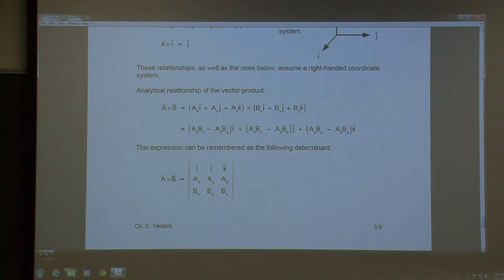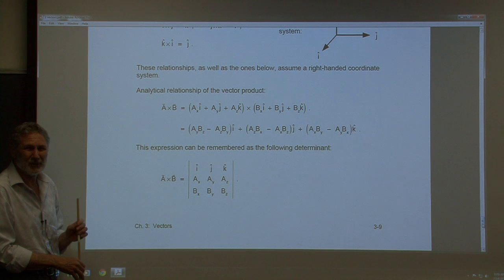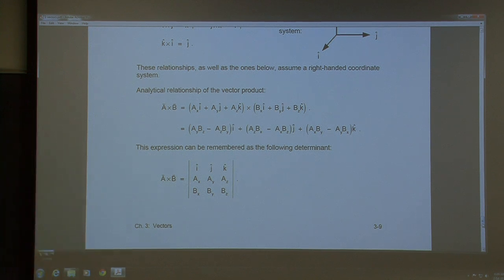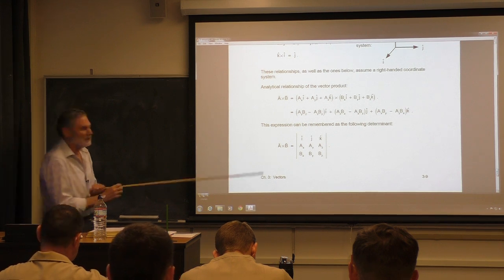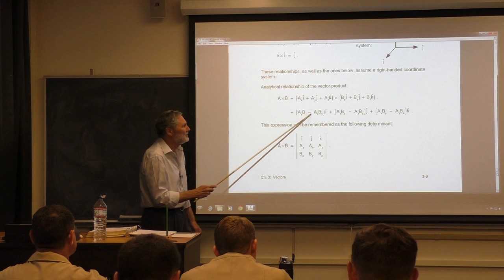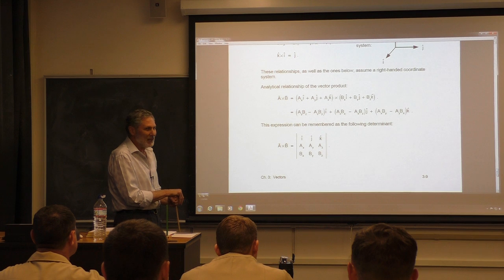You can memorize it, but what most people do is they think of this, that you can write this as a determinant. How many of you remember determinants? Okay. Well, if you don't remember, then you may not want to use this. You may have to look it up. You actually don't have to look it up.